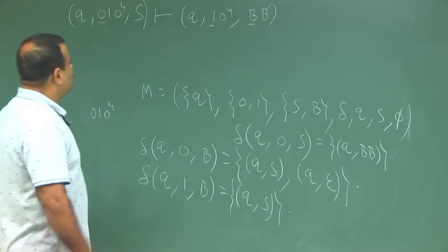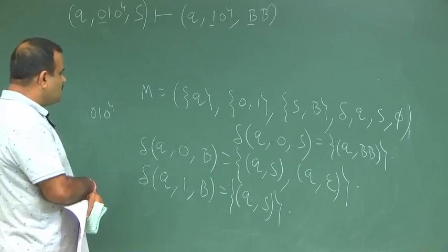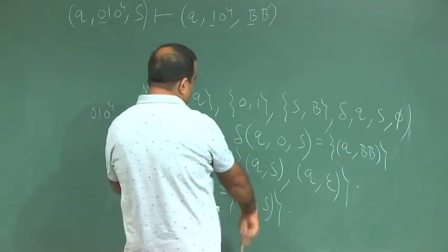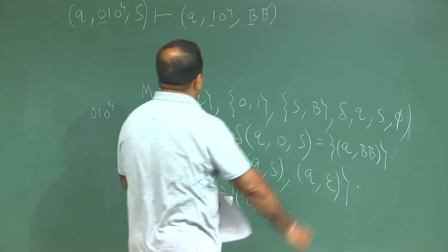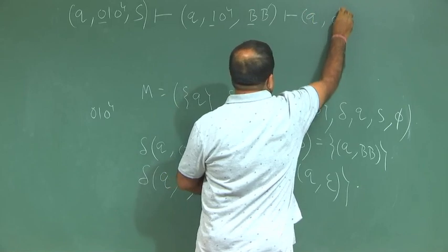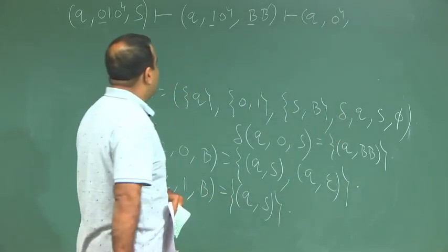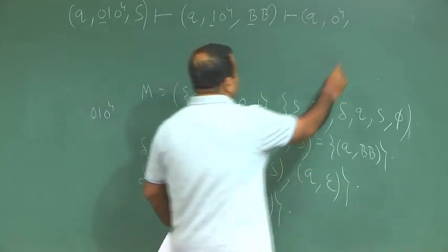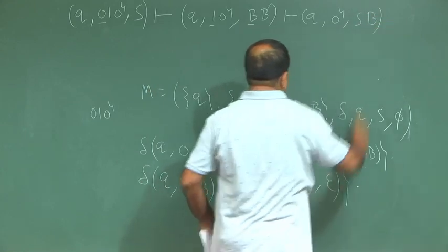So, that means delta of (q, 1, B). We have only one option, (q, S). So, this B will be replaced by S. So, this will go to q, 0 to the power 4, and this B will be S B. Okay.